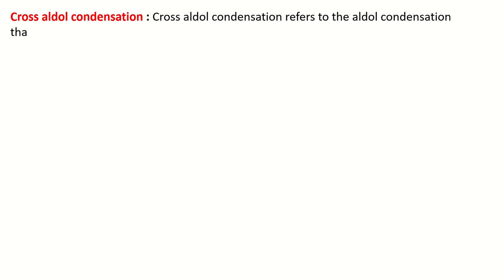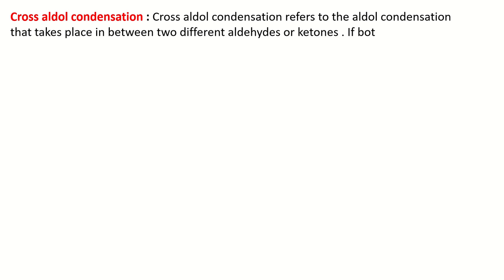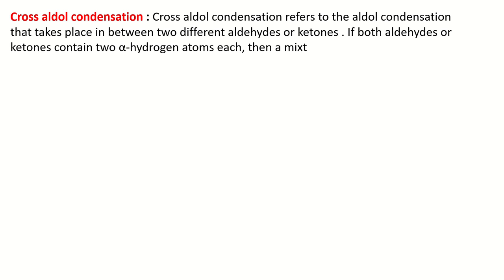Let's see the next topic, that is cross aldol condensation. Here it is actually nothing but an aldol condensation type of reaction, meaning here we have to use two different aldehydes or two different ketones. If both aldehydes or ketones contain two alpha hydrogen atoms each, then a mixture of four products is formed.